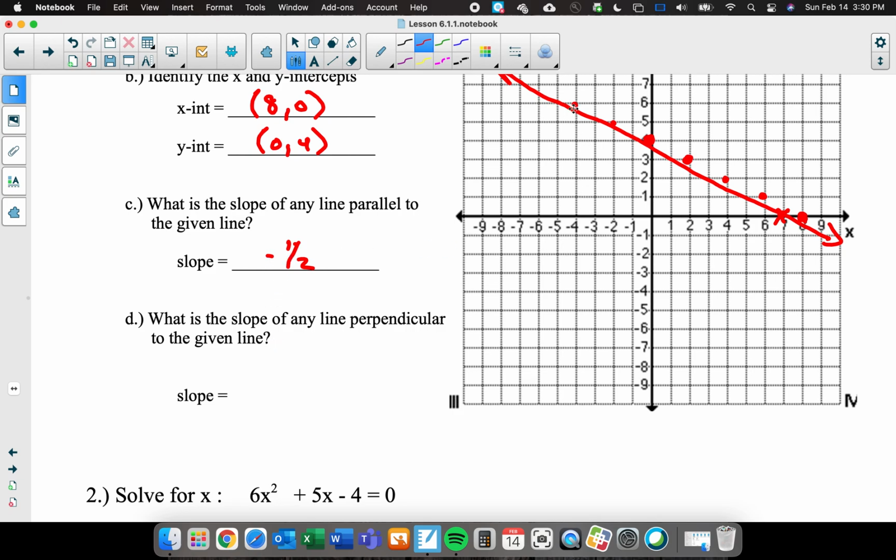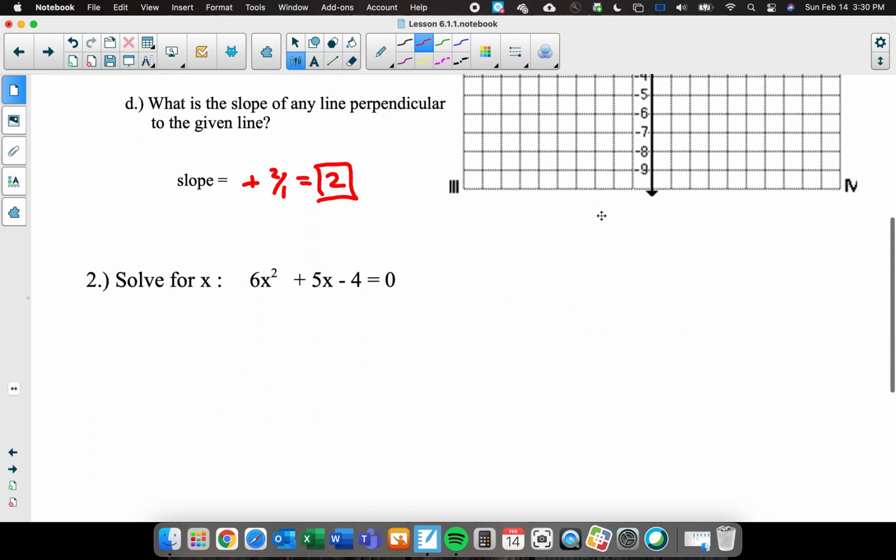Since this one's negative, I know the next line's going to have a positive slope, and it's the reciprocal, which remember is when you flip-flop this. The reciprocal of 1 over 2 is 2 over 1, which means 2 is the slope that I'm looking for, a +2. So any line that's perpendicular to this one would have a slope of 2.